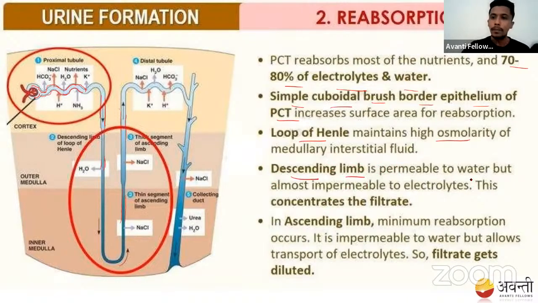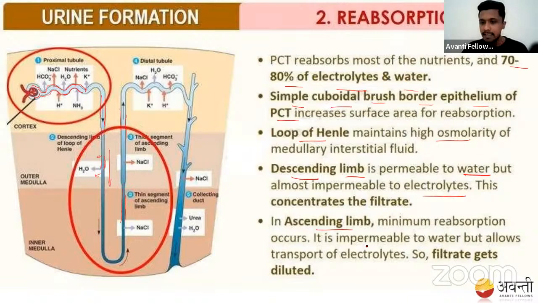The descending loop is permeable to water, whereas it is impermeable to electrolytes. So whenever water is removed from your descending loop, the amount of solvent in the solution decreases. When the solvent amount decreases, the solute concentration increases. That means the filtrate is concentrated as it moves down the loop.